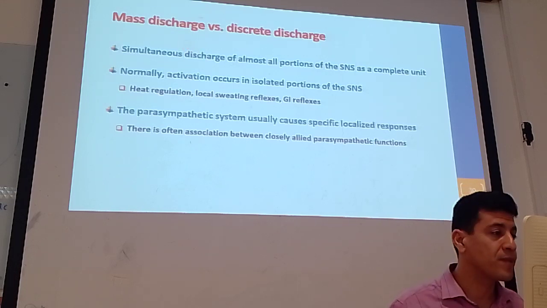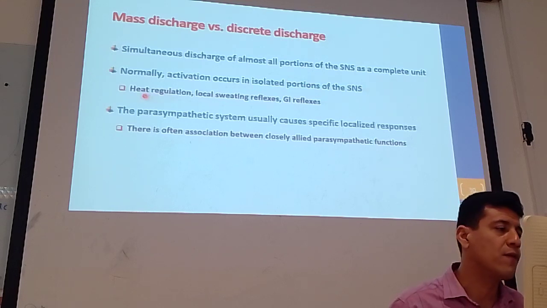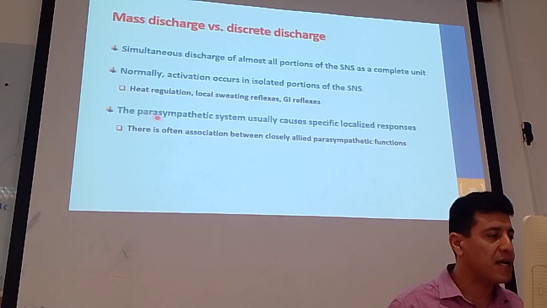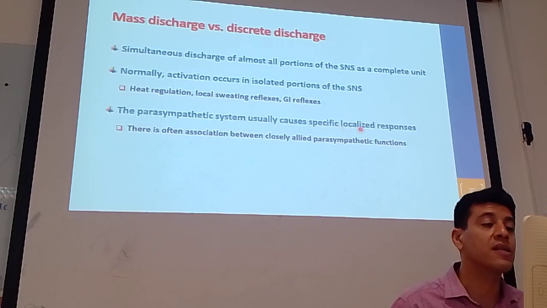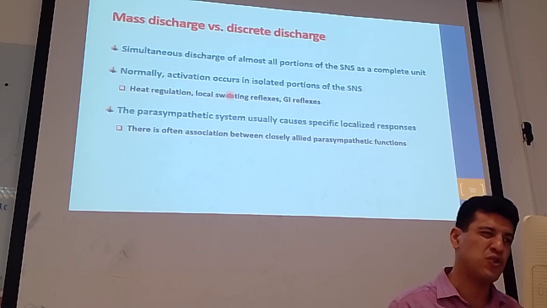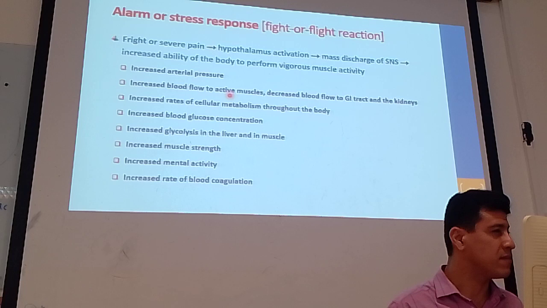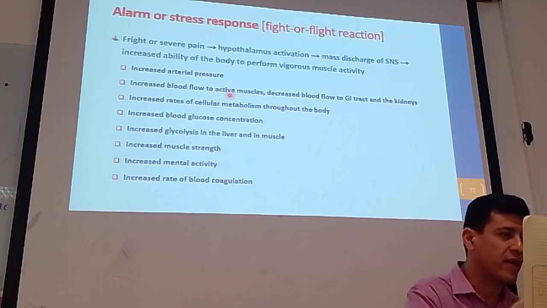Normally activation occurs in isolated portions of the sympathetic nervous system. For example, for the regulation of the heart, sweating reflexes, and GI reflexes. The parasympathetic system usually causes specific and localized responses. So we don't usually have mass activation of the parasympathetic nervous system. There are only some rare cases.